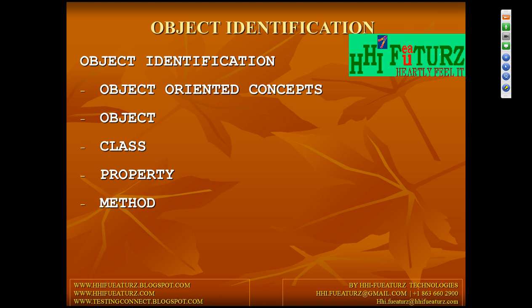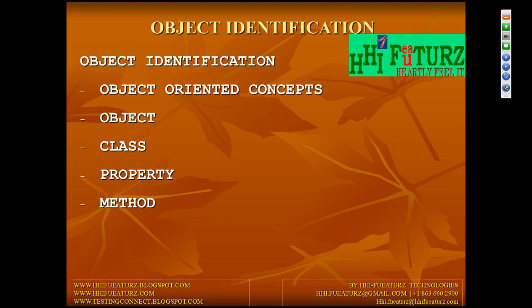Those are properties. For a tree: the name, the color, how many branches, how many leaves. Every object should have some properties.